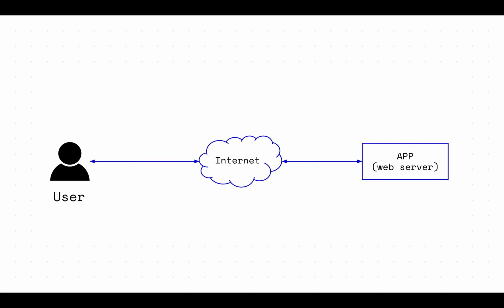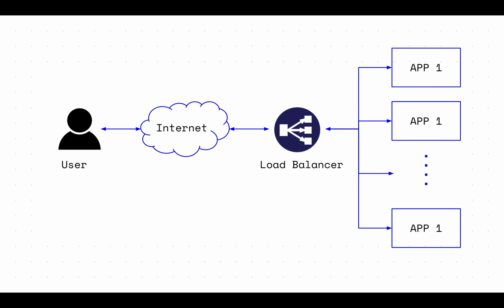Without a load balancer, you have something like this: a user on the internet accesses your application and goes straight to your application. So if you have 1 million users, 1 million users go straight to that same application, which can cause a lot of CPU spikes and eventually crash the server. However, with the load balancer, a user on the internet accesses your application via a load balancer that has several instances of that same application behind it.